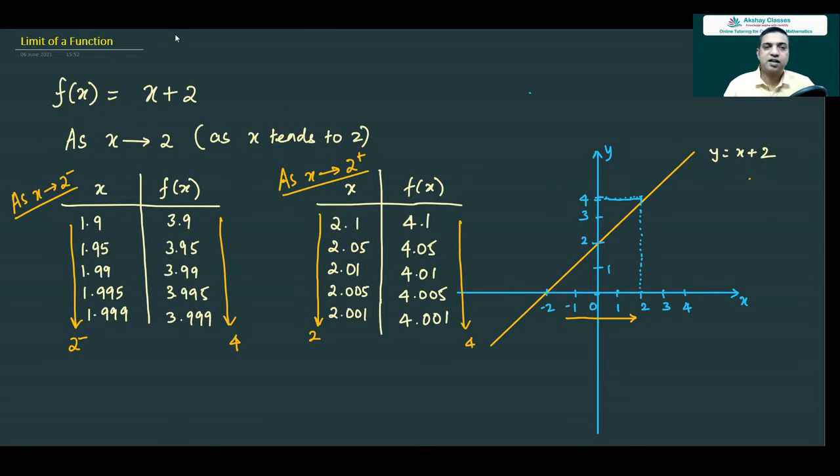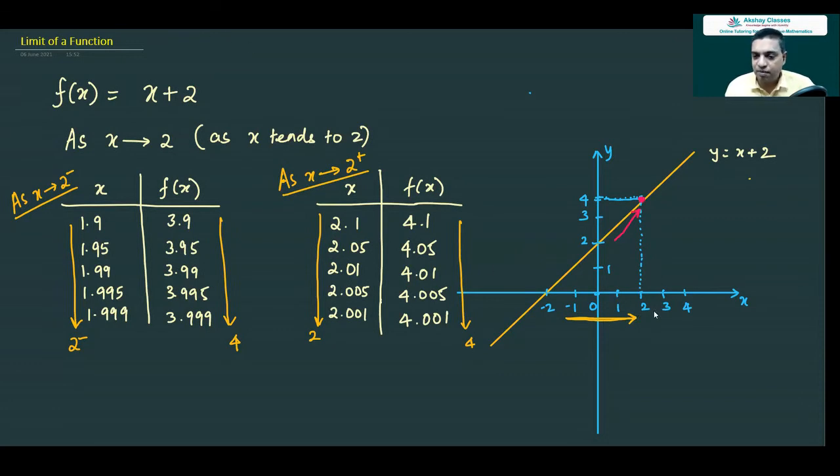So here, look at this graph. As x approaches 2 from the left, the function value approaches 4. This value is 4.